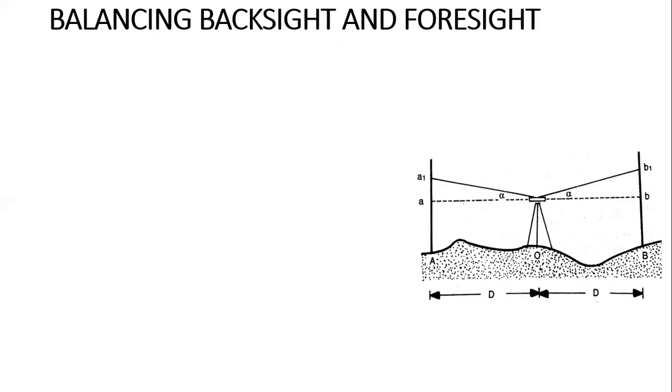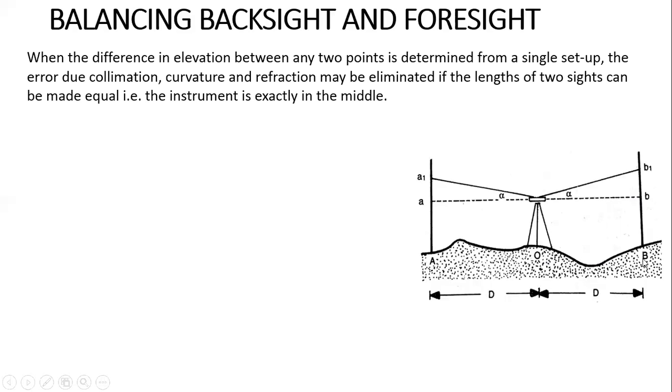So this means that we have a certain error in the staff reading. That error is equal to AA1 on point A, and on point B it is BB1. Now here in this case, the instrument is set up exactly midway between the two points A and B. So the distance from the instrument to the point A is D, which is the same as the distance from the instrument to the point B also.